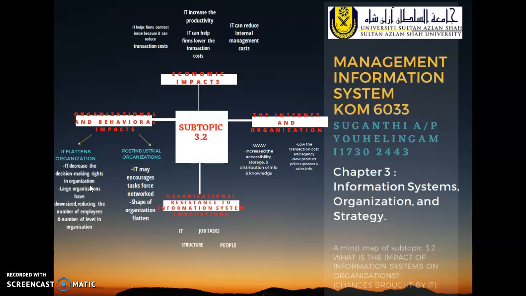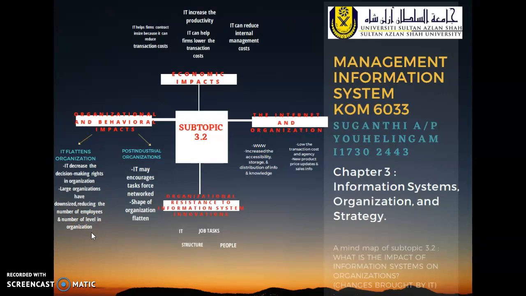Information system can reduce the number of levels in the organization by providing managers with information to supervise a large number of workers and by giving lower level employees more decision-making authority. Large organizations have downsized, reducing the number of employees and the number of levels in the organization.